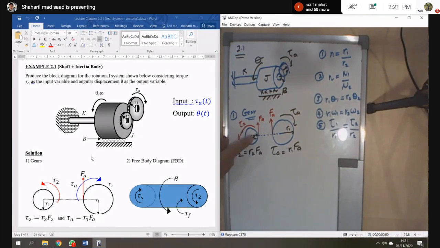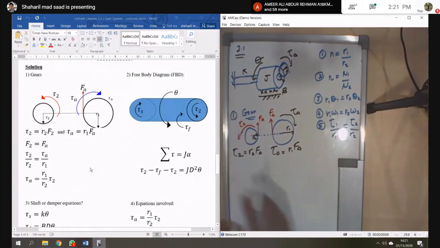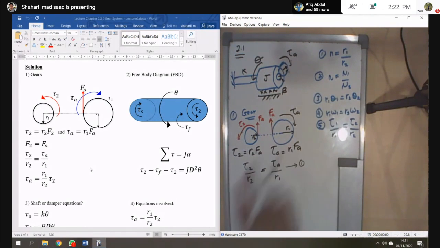FA and F2 are the same force. So from this we can write the equation: T2 over R2 is equal to TA over R1. This is the first equation that we got from the gear.